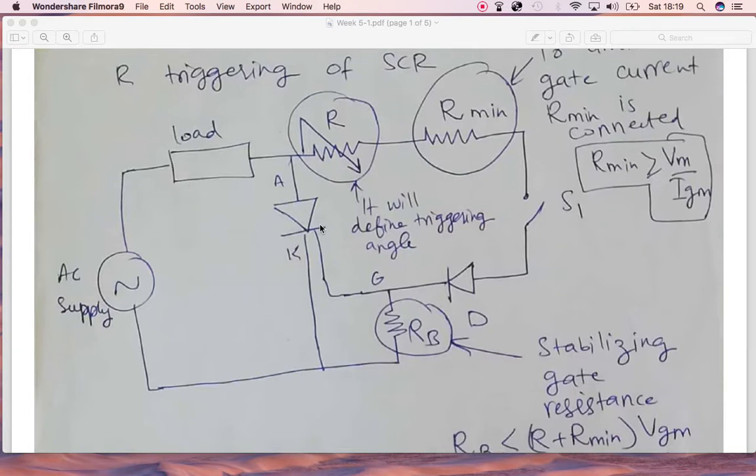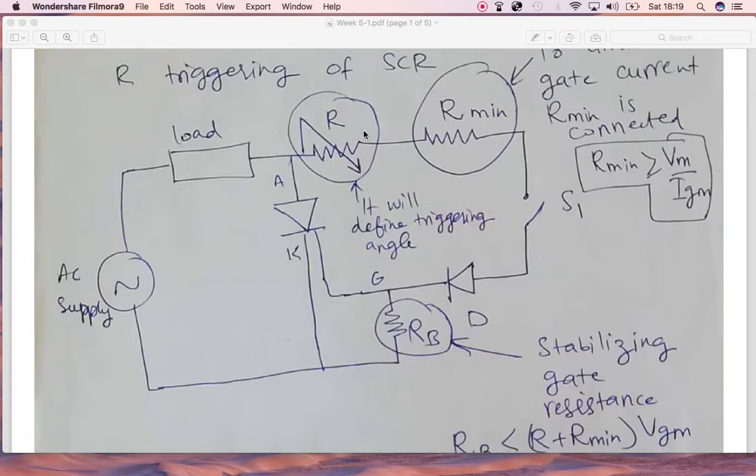So we have to turn on this SCR in order to have our supply voltage appear across the load. For turning on this device, we have this kind of circuit attached to it.